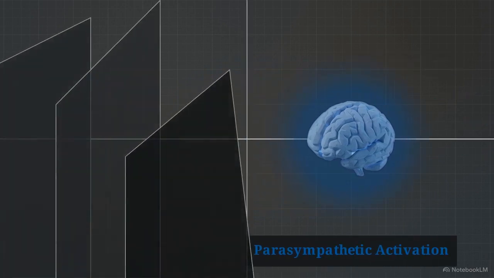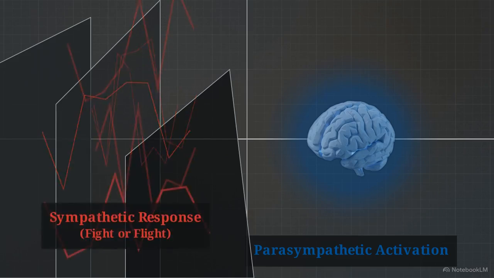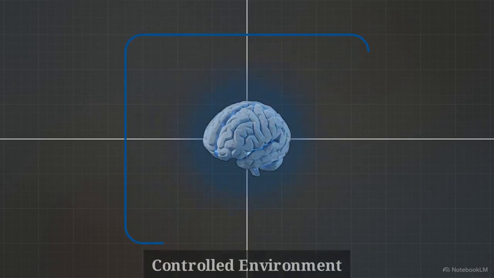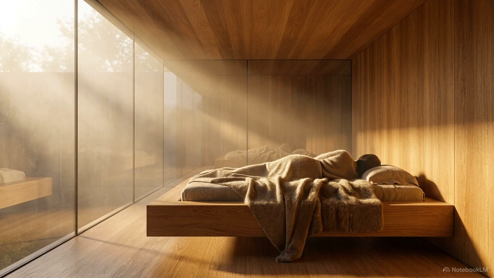This is the biological opposite of the sympathetic response, the fight or flight state maintained by the stress of traditional institutional design. When the environment is controlled to eliminate perceived threats, the brain stops diverting energy toward monitoring its surroundings. Architecture can be used to bypass a patient's stress response and facilitate a state of rest.